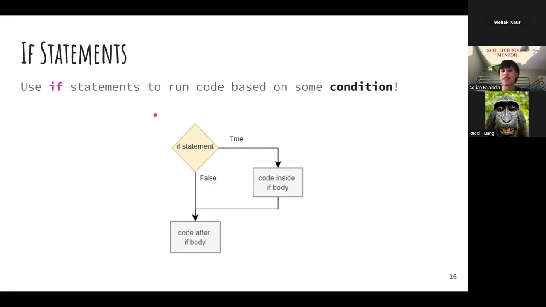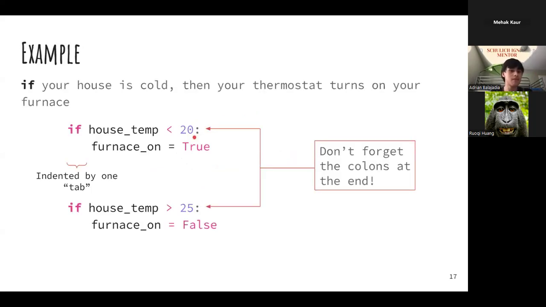A common way to describe if statements is using something called a flowchart, which is this little diagram right here. If the condition is true, then we do the code inside of the if body. So it could be, if the weather is hot and that's true, then we wear shorts. Else, we wear a jacket. And this is just one example.